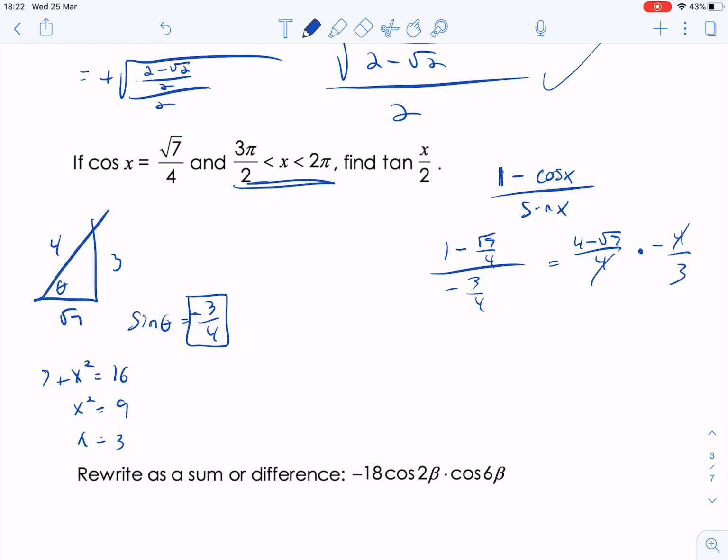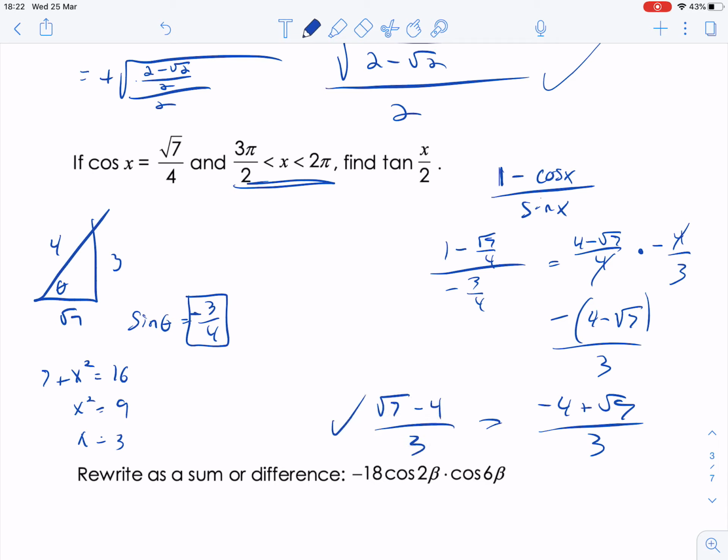Oh, that's nice. So we get a negative. Hopefully you guys put your parentheses. A negative times the whole thing over 3, which is going to be negative 4 plus square root of 7 over 3. And there we go. You could also write this as square root of 7 minus 4 over 3. Same thing, same thing.